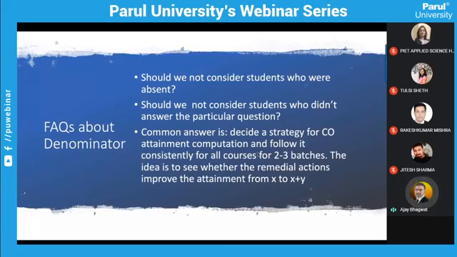It doesn't matter. What matters is the change, the percentage incremental change, the positive change in those numbers progressively in your course. So it doesn't mean that if you score 76% as the attainment for CO1, you need not improve anything there.